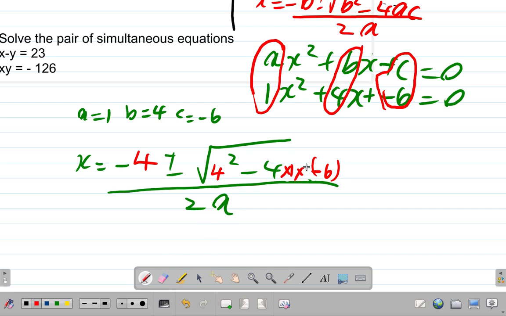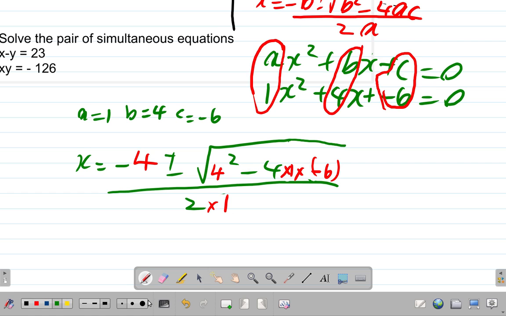Right? So divided by 2 times a. But what is a? A is 1. It's times 1. Alright. So we can work with this now. This is supposed to cover everything.